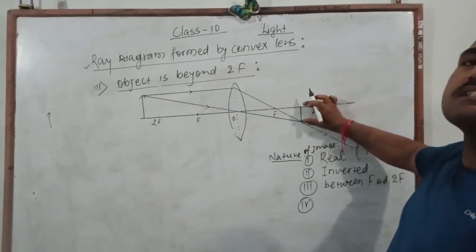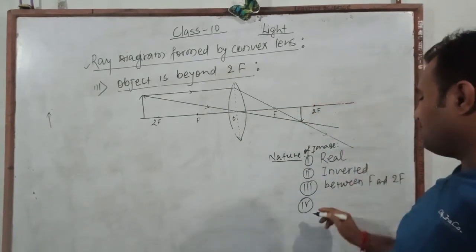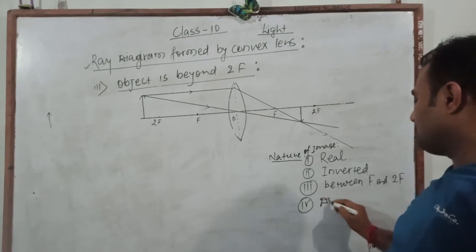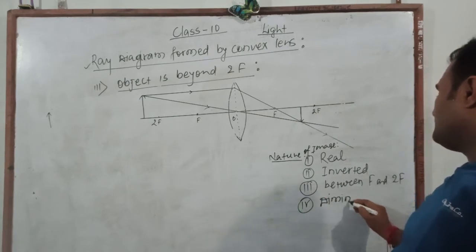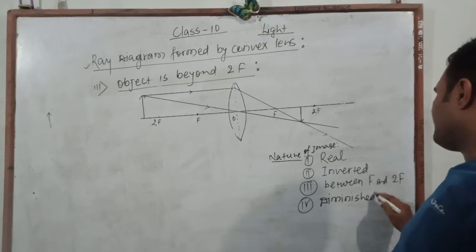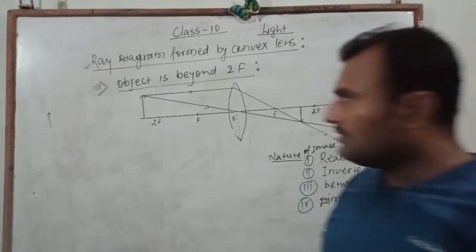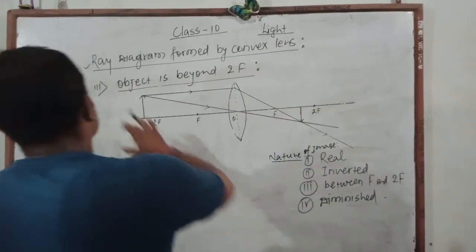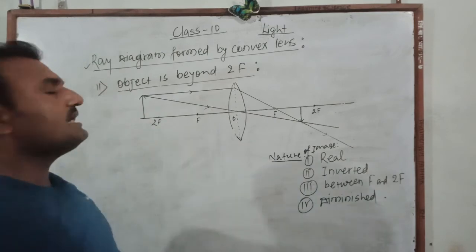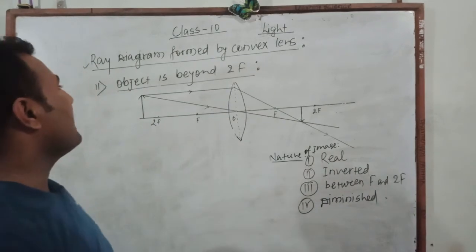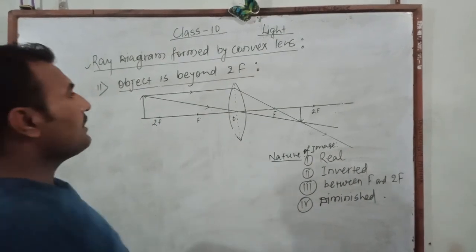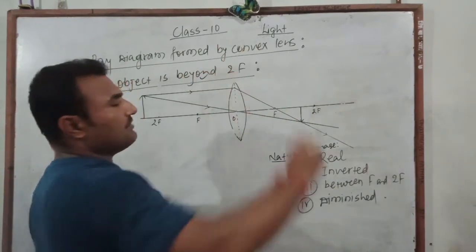That means simply a diminished image is formed. And in this way we draw here the second condition, the image formed by a convex lens when the object is beyond 2f.